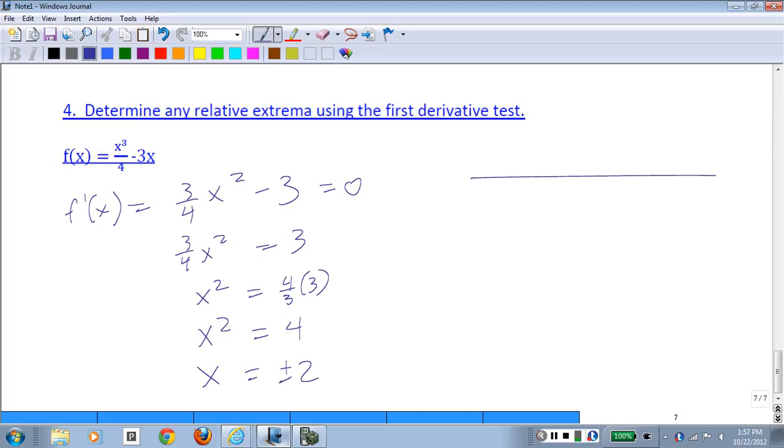So let's construct a sign graph for the first derivative, a sign graph for f prime, and choose some test numbers that are inside of these intervals. This particular first derivative should be pretty easy to evaluate. If we square negative 3, or positive 3 for that matter, we get 9.